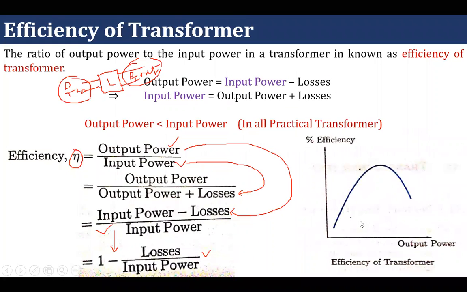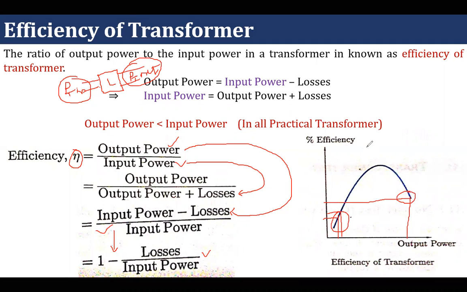This is a typical graph of transformer efficiency. From the graph, it is very clear that at light load or low output power, the efficiency is not good. That means it is not near to the highest value. At the same time, at heavy load, that is around full load or full output power, again efficiency is not maximum.